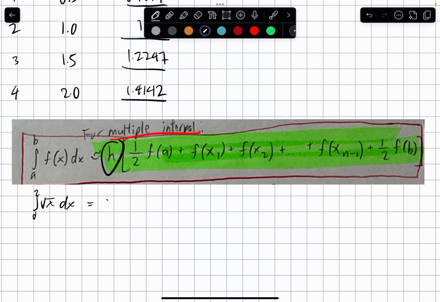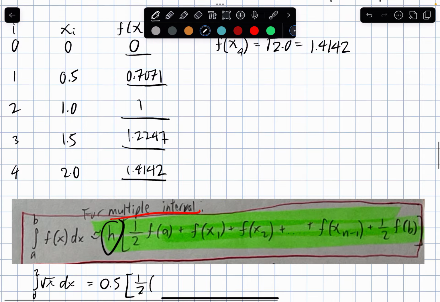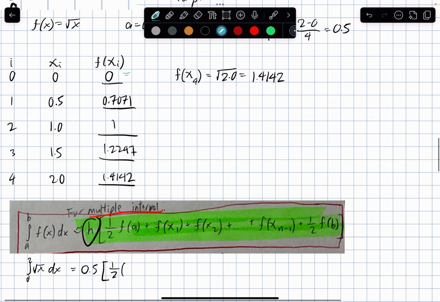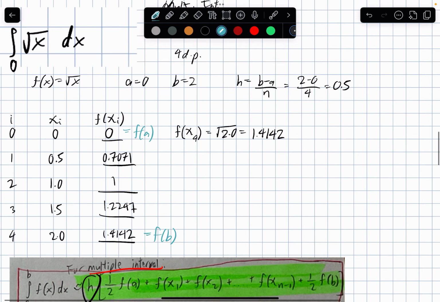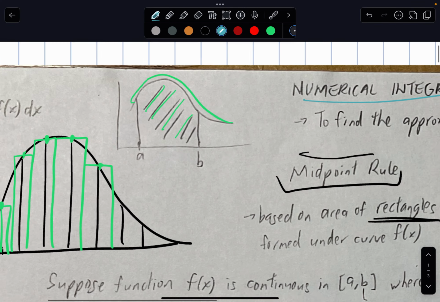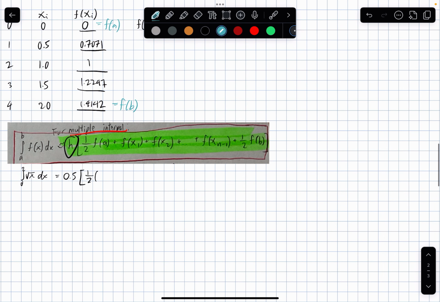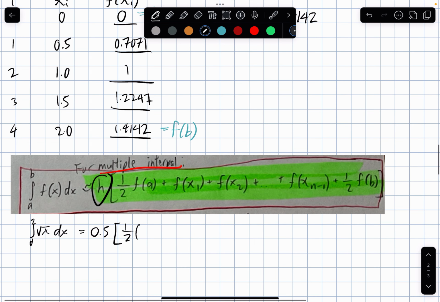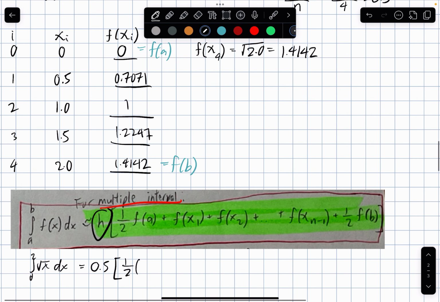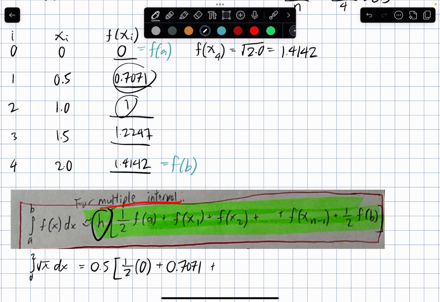Okay, so the height is again 0.5, no? Times 1/2. F of A, this is our f of A. F of B. Yung magkabilang dulo, no? Dito, ito yun. Magkabilang dulo. So, okay. That's just 0. F of x sub 1 is this. And then f of x sub 2 is this.